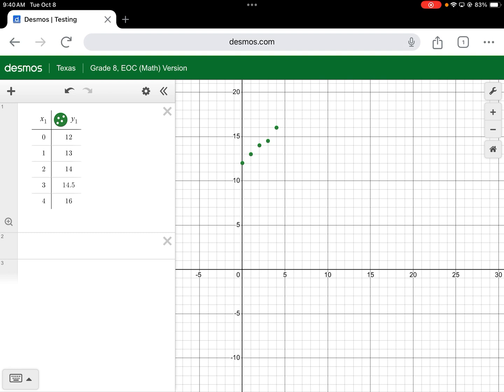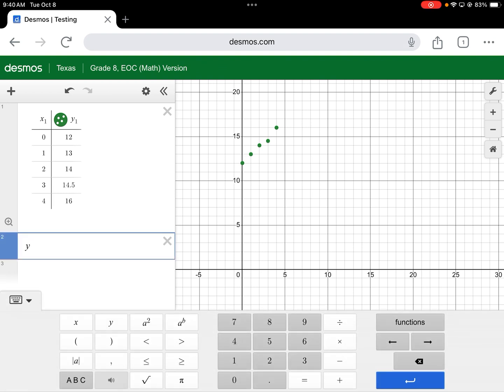Okay, and then we are going to put in that Y1 squiggly. So Y1, notice whenever I put 1 in, it actually goes down. So Y1, and then we want the squiggly.